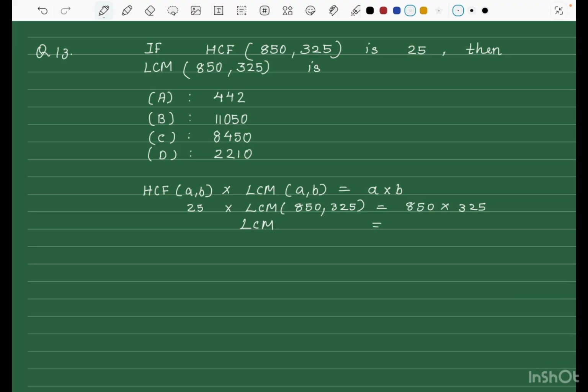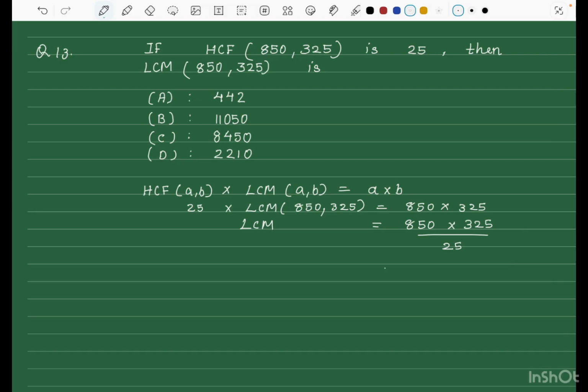So LCM is equal to 850 multiplied by 325 all divided by 25. Here 25 can be cancelled.